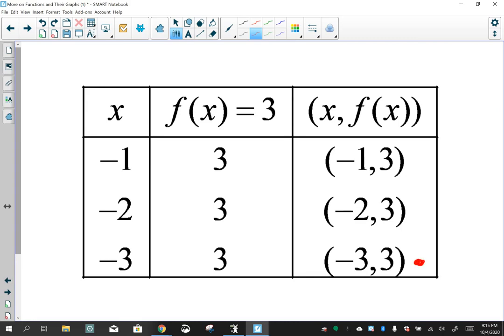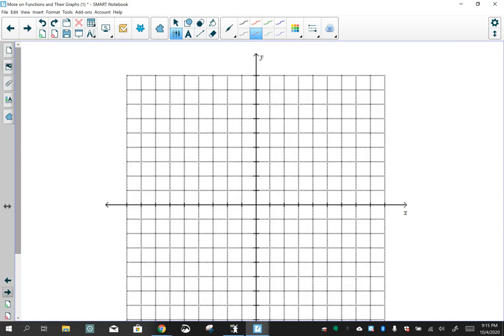Because remember, my -1 here is included in this. So we're including that -1 right here. Okay. So then you come over here to your graph and you literally just plot your points on this.